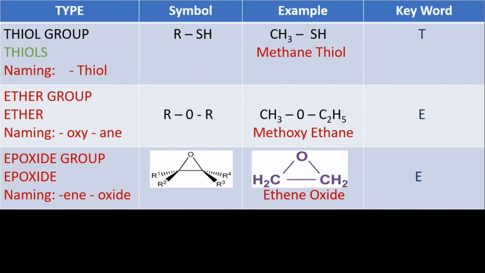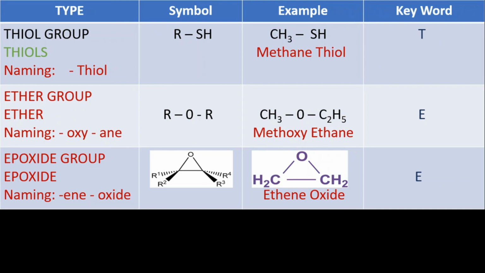They are called cyclic oxides as well, and they contain a triangular shape in which oxygen is one of the members. They normally carry ene to explain the presence of an alkene and oxide to indicate the presence of oxygen in their name. An example is CH2OCH2. Now this compound is an epoxide because it carries oxygen with 2 carbon atoms.